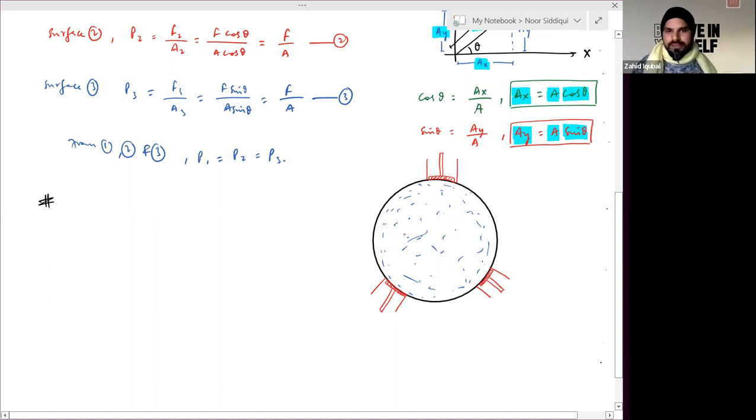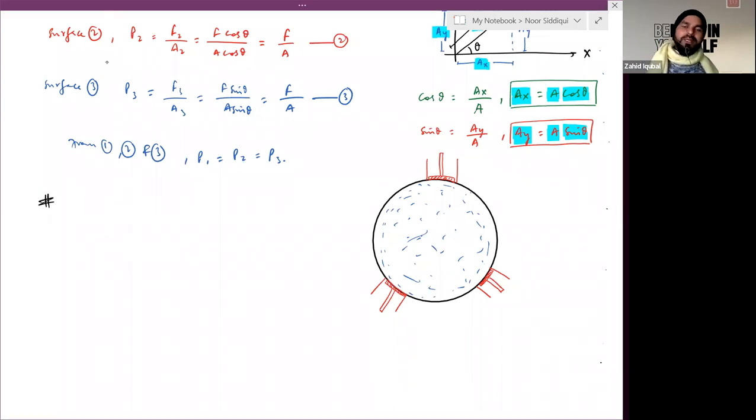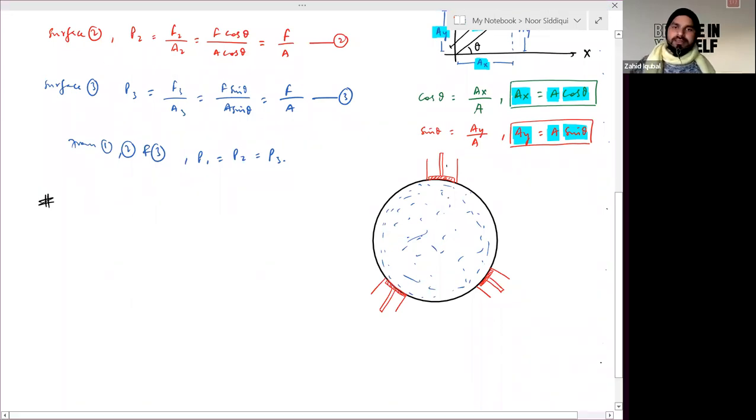Now, if this liquid is incompressible and enclosed in this particular vessel, and a pressure P1 is exerted at one end, it equally acts at this point and at this point without getting changed.